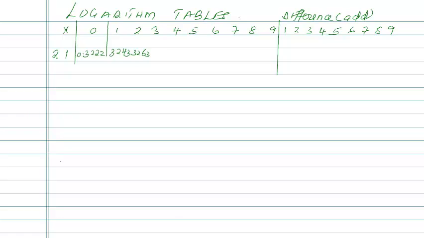And when you are given a value, always the first 2 digits are indicated in the column of x, and then the third digit you go across towards the right and up to where you find the third digit.